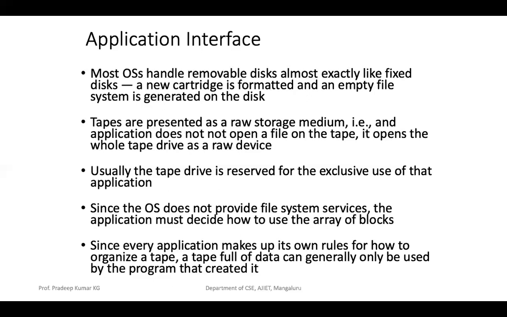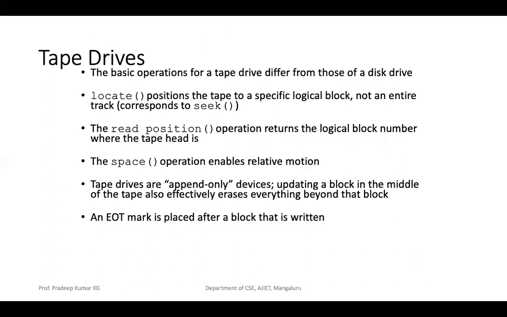In my computer, if it is Windows, you can see the drive symbol and its name. This is an interface provided by the OS. The rest of the things you can carry out. Similarly for tape drives, we make use of locate and seek. These are built-in functions or system calls we may call in general to identify the particular position.